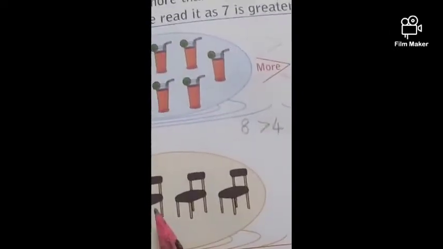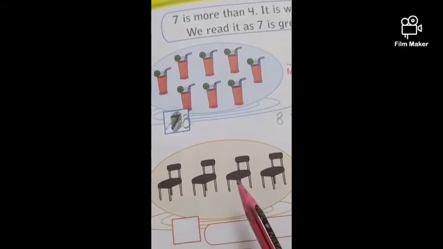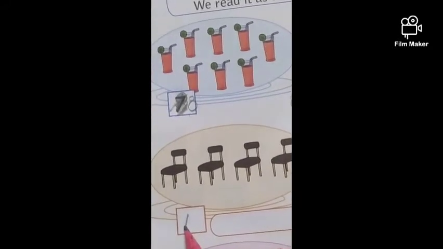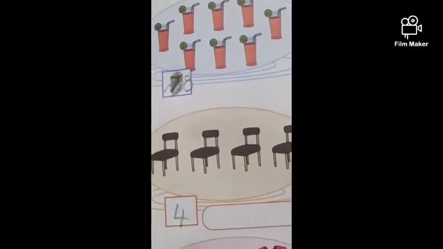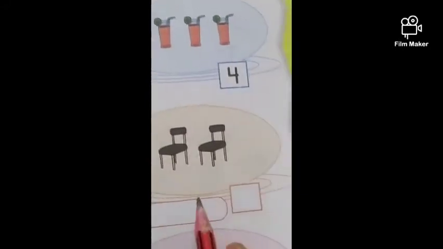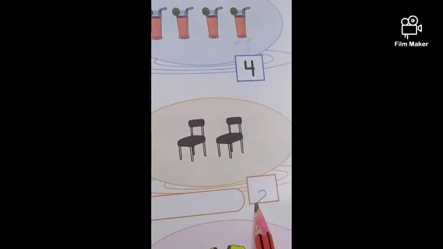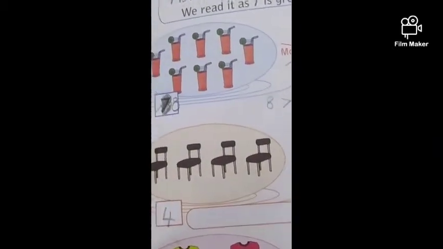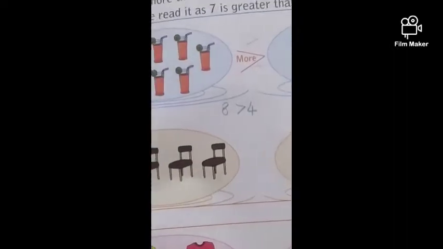Understood? Now count the chairs. How many chairs are there? 1, 2, 3 and 4. So write 4 in this box. Now on this side how many chairs are there? 1 and 2. 2 only. Write 2 here. So which number is more? 4 is more or 2 is more? 4 is more.